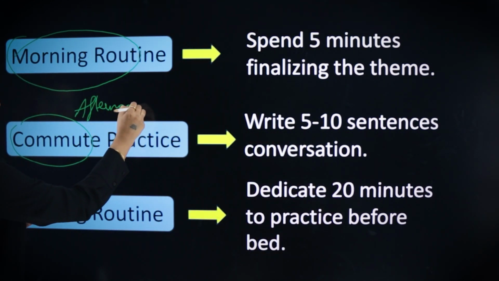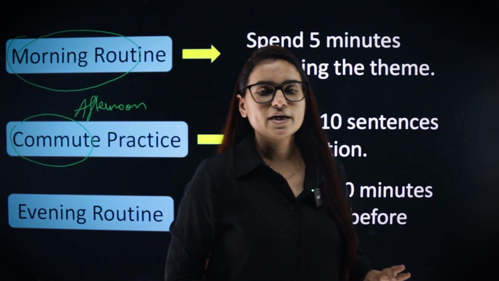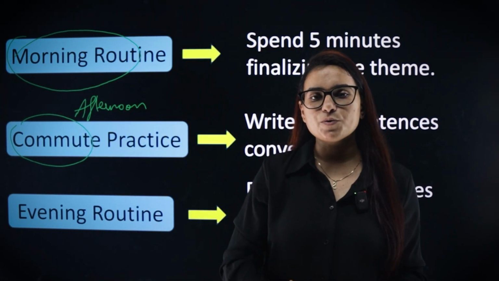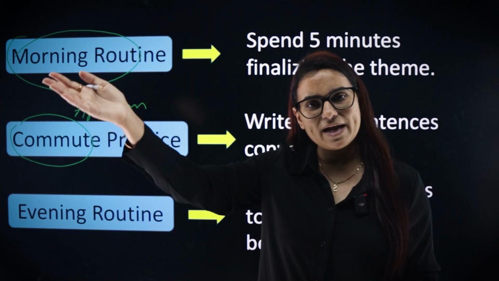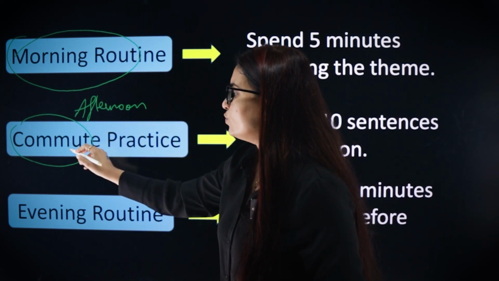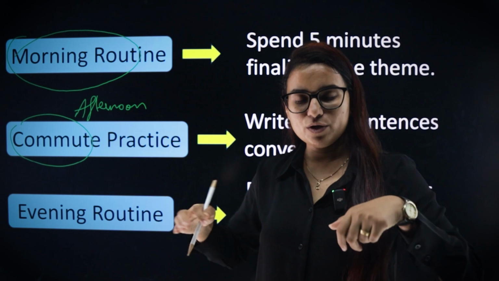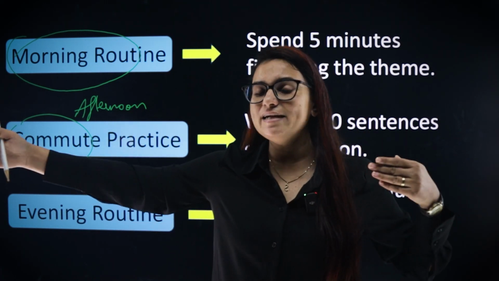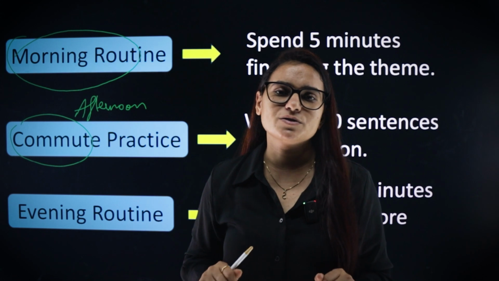Commute means you are traveling, going from your home to office, from your home to college, from your home to anywhere. If you don't find time during commute, if you're driving yourself, when you reach that place or during the entire day, take some 5-10 minutes.